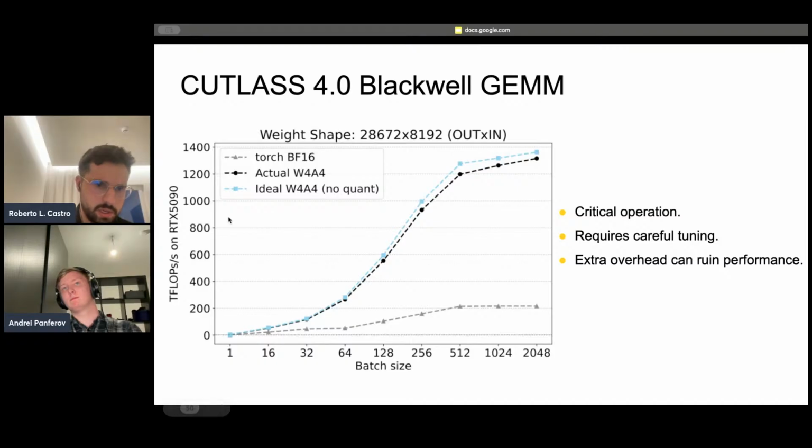So in this plot over here, the matrix multiplication in 4-bit will be this blue line, and then the black line will represent the online, let's say, quantization that we have to apply to the input matrices in order to compute our result. So we have to implement this overall idea, trying to reduce as much as possible the distance between this blue line and this black line, right?